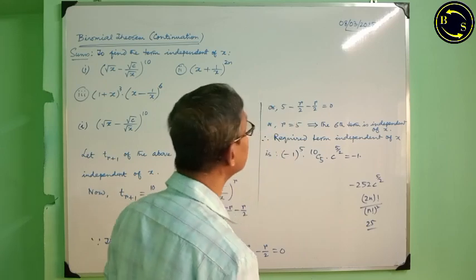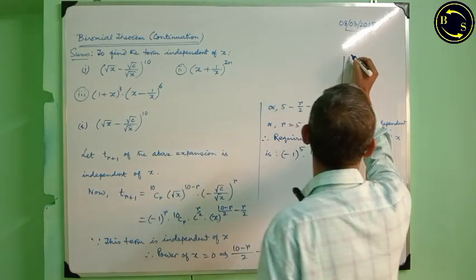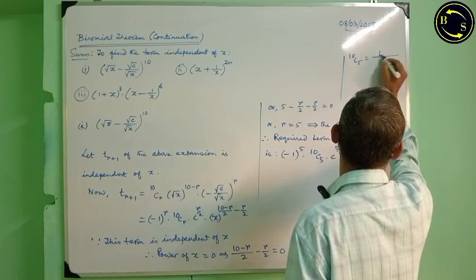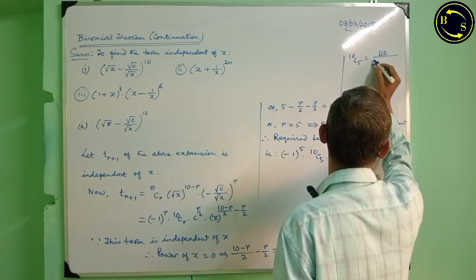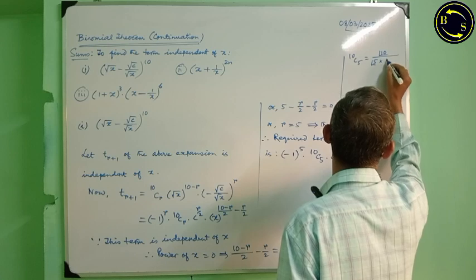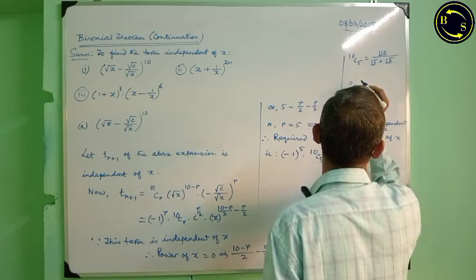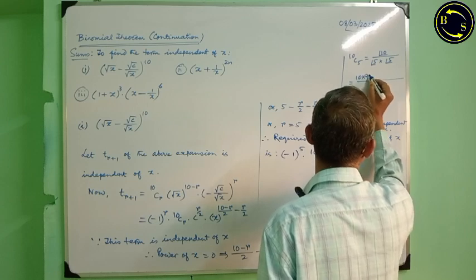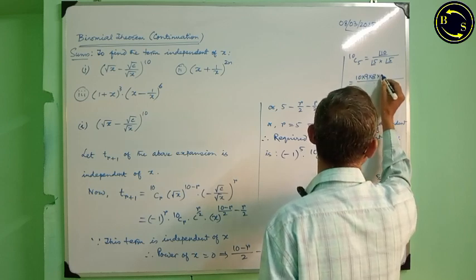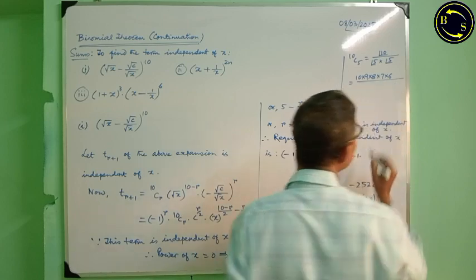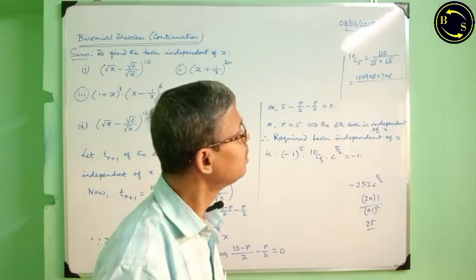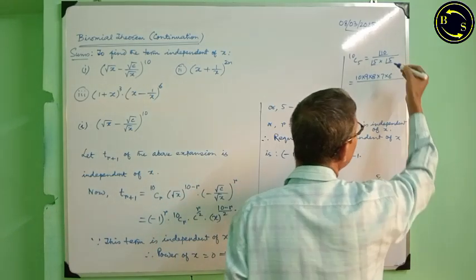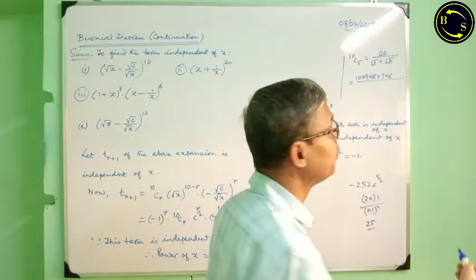10C5, we calculate that on the right side. 10C5 is factorial 10 by factorial 5 into factorial 5. That means this will be 10 into 9 into 8 into 7 into 6. After that, there will be factorial 5. Therefore, one factorial 5 will be cancelled from numerator and denominator.